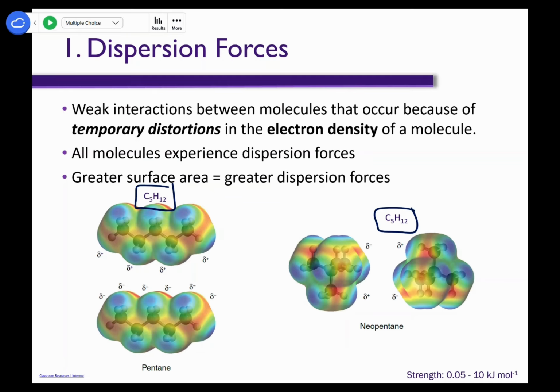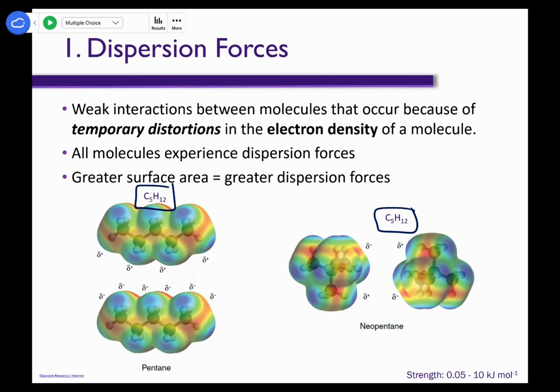Here, you can see I have a lot of surface area for attraction between these 2 normal pentane molecules compared to these ones. They have surface area attraction here, but these parts aren't interacting with one another as much.